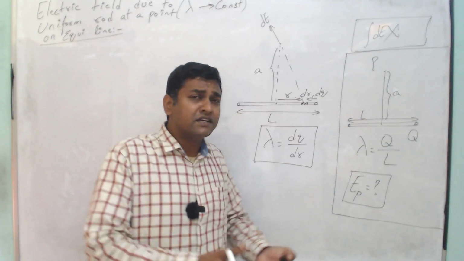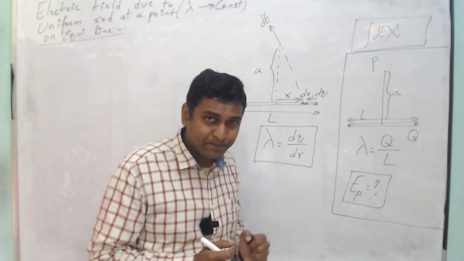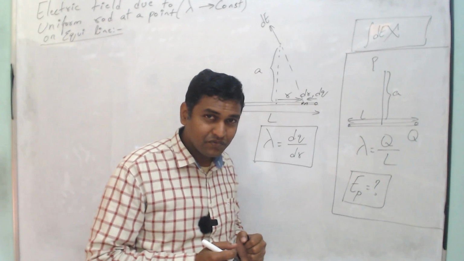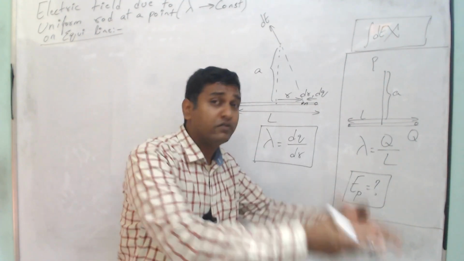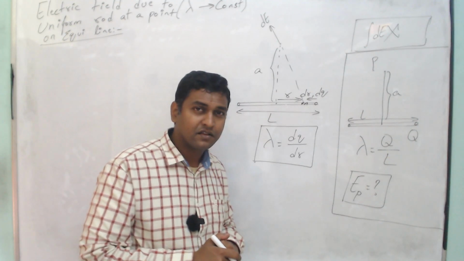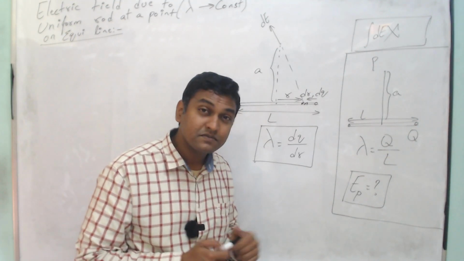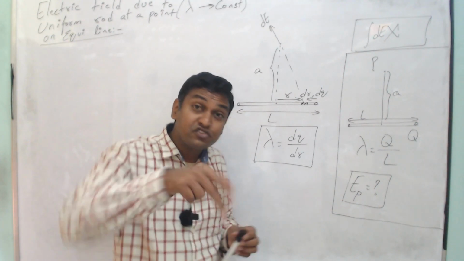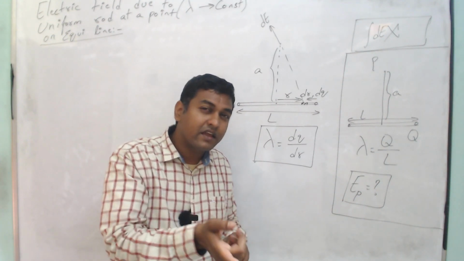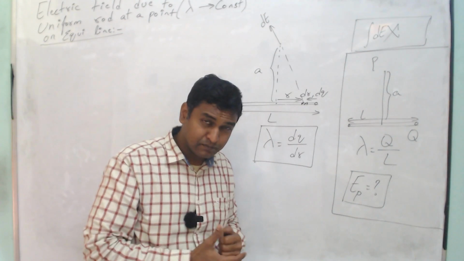Because I said integration is nothing but addition. Yes, sir. We cannot do scalar addition to a vector. Then we consider only the scalar part, and if the direction is not changing, then can I do scalar addition?